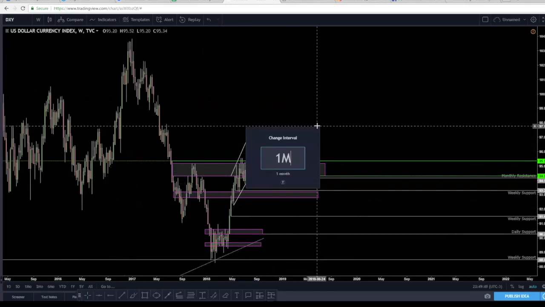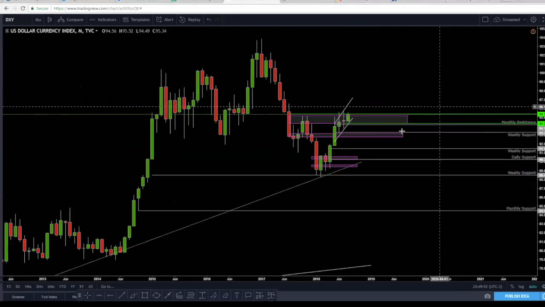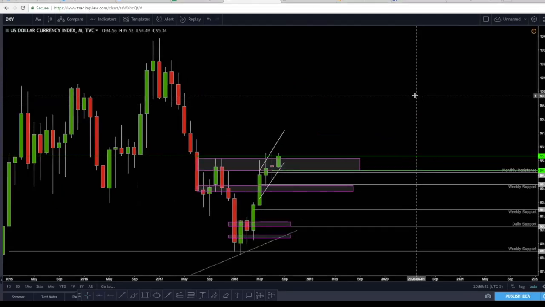Yes. Now we go to the monthly. What do you see? There's an impulse. Right. So what did you just learn from there? Smaller time frames show you a skewed view, and larger time frames show you what's truly happening in the market.